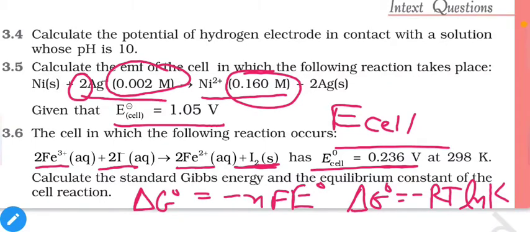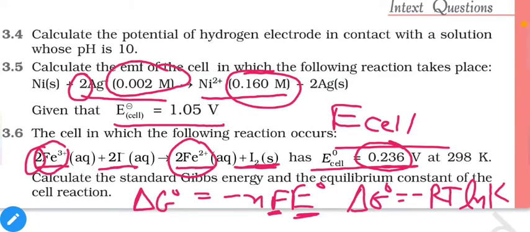First of all, find the number of electrons transferred during the reaction. Concentrate on 1 Fe. The initial oxidation state was +3, after the reaction it is +2. So 1 electron is transferred per Fe. We have 2, so the number of electrons transferred during the reaction is equal to 2. F is equal to 96,487. The standard cell potential is already mentioned, 0.236.